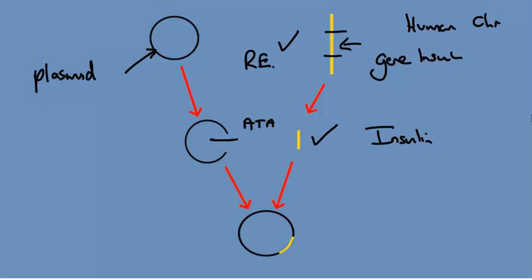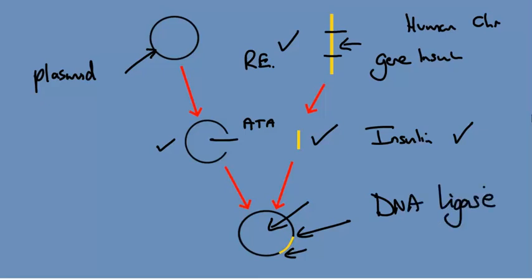We then combine the bacterial DNA plasmid with the human insulin gene in the manner shown in the diagram here. And of course, we are able to join the DNA together using the enzyme DNA ligase.